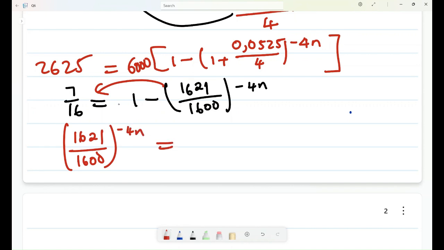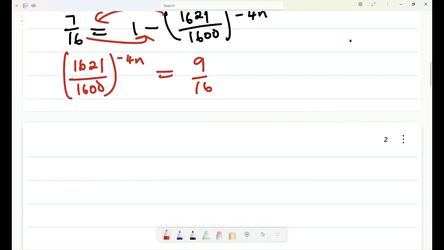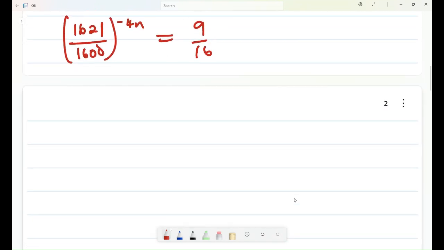It is equal to 1 minus 7 divided by 16. 1 minus 7 divided by 16, I get a value of 9 divided by 16.